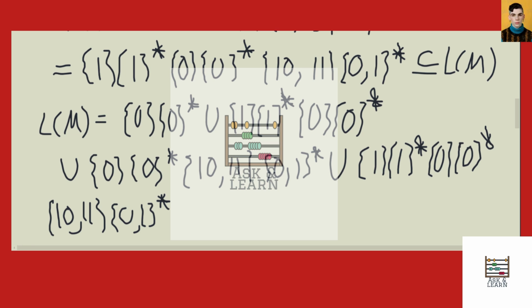And we see that we can write this as, in parentheses, 0 0 star union with 1 1 star 0 0 star. So essentially we can group these. I'll group the first two together and the last two together as well.